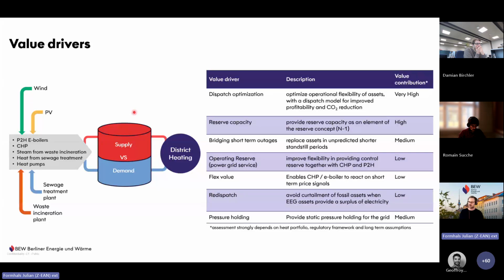So there the value is obviously very high. But in addition to that, we have several additional value drivers which make this project quite interesting.